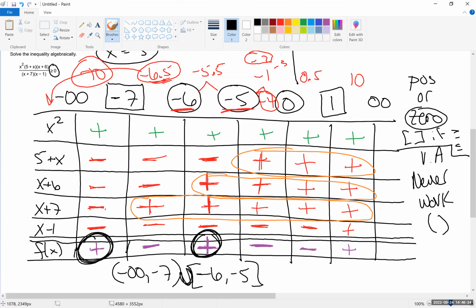It's -infinity to -7, union -6 to -5, brackets on both. And then over here, one more time, we have union 1 to infinity. 1 gets a parenthesis because vertical asymptotes always get parentheses. How did I know it was a vertical asymptote? Because I boxed it. That's why it can be so important to box it to know whether you're using parentheses or brackets. So I'm going to stop this sharing.